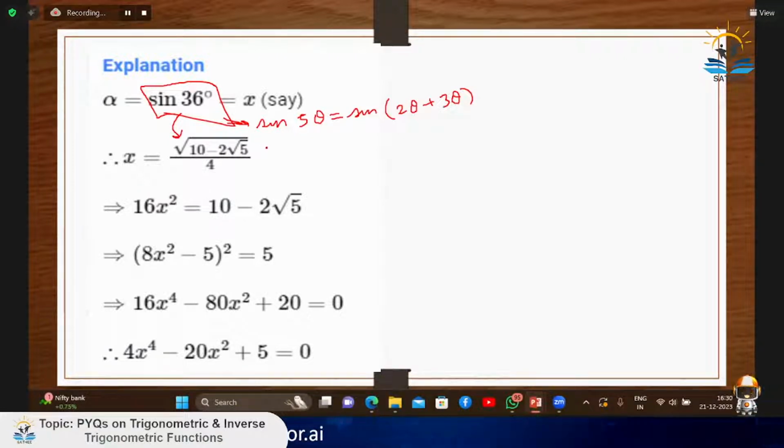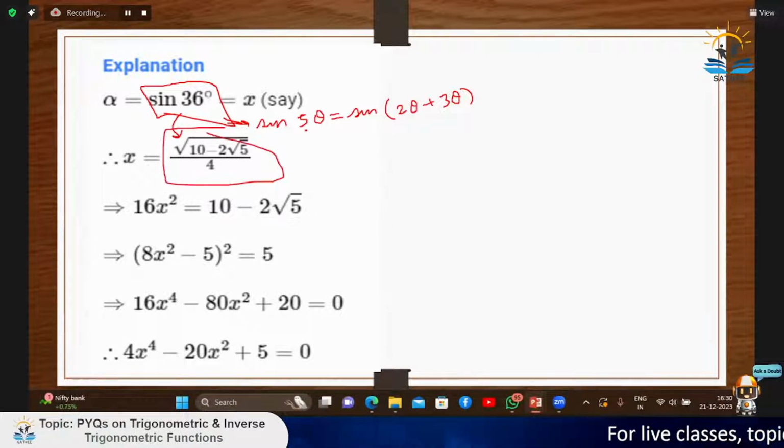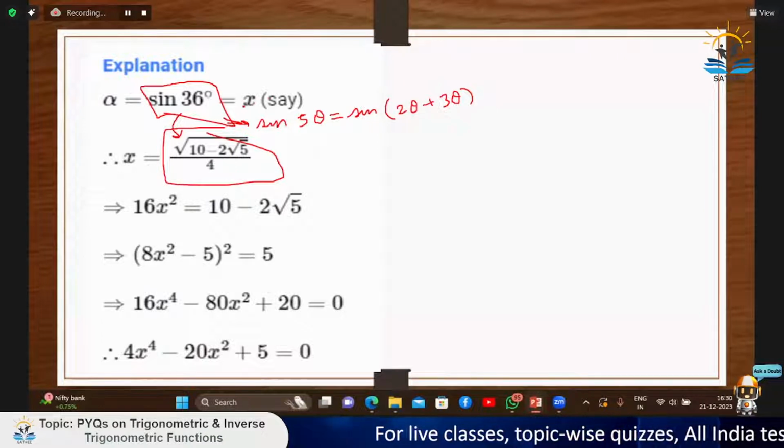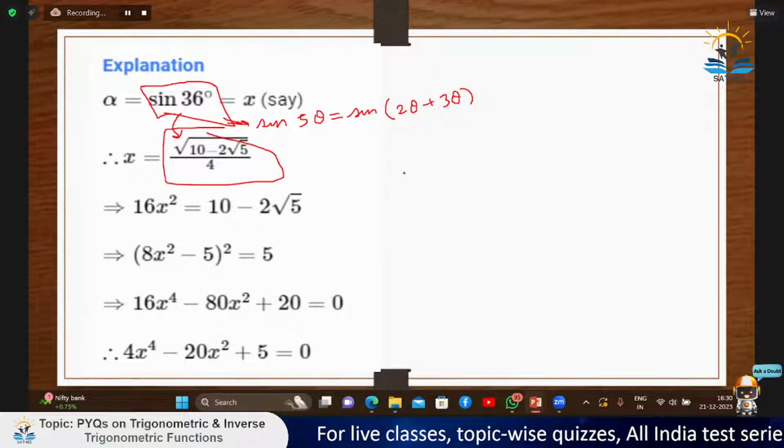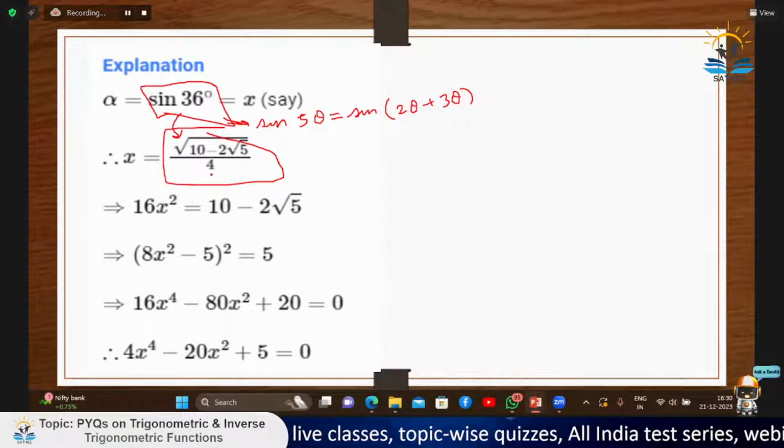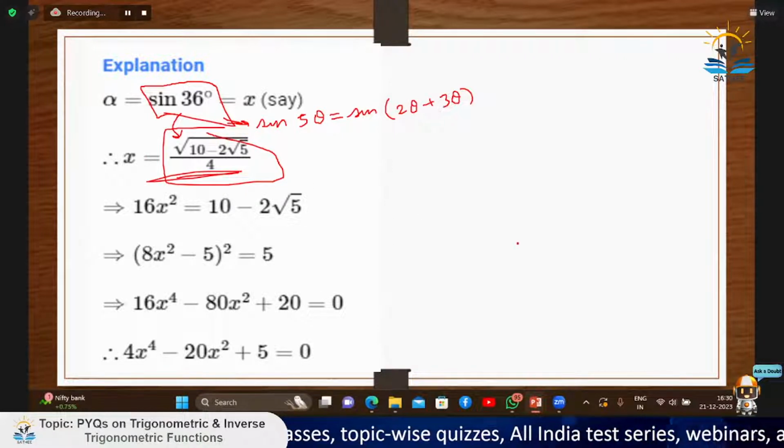So either you can use that thing or you can even do it by just you need to use sine 5 theta to calculate this value. But in paper, if you will go and calculate this value, then this will consume a lot of time. So you need not do that. Basically, you just need to remember the value for sine 36 because this is very important. Okay, so sine 36 is equal to root of 10 minus 2 root 5 by 4.